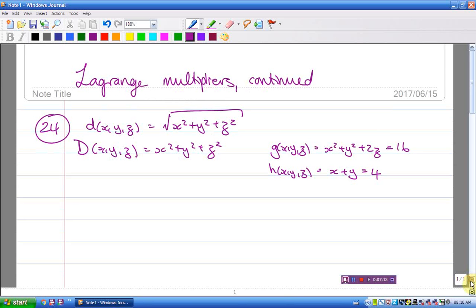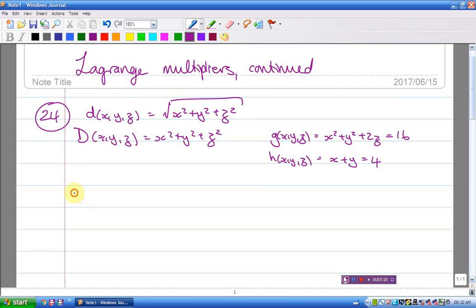Okay, yes, question? Why would you keep them separate, then do three grads? Sorry, I'm not following you. Say again. Why would you not do the curve of intersection? Well, you can find the curve of intersection, but I need a Cartesian expression that I can work out the grad of in order to use the Lagrange multiplier process.